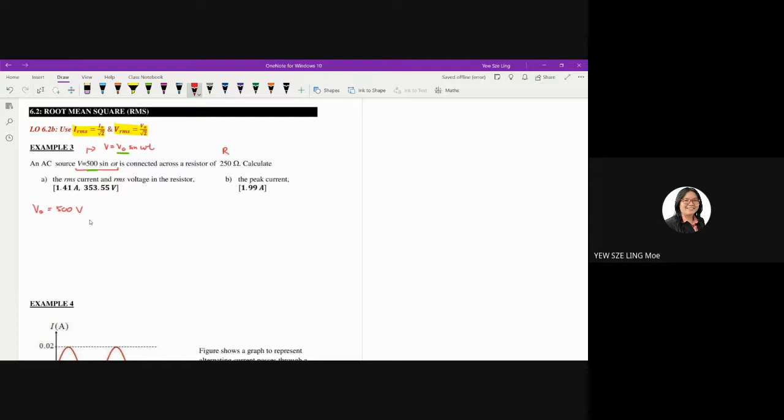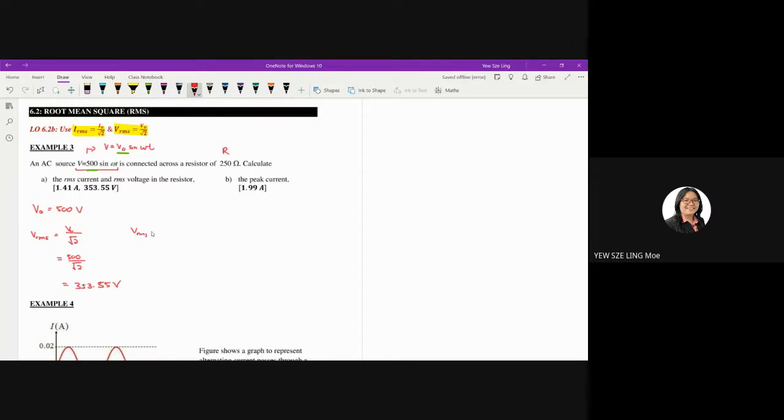From the peak voltage, you can then determine the root mean square value by using VRMS equals V naught over square root 2, which is 500 over square root 2. So VRMS equals 353.55 volt.